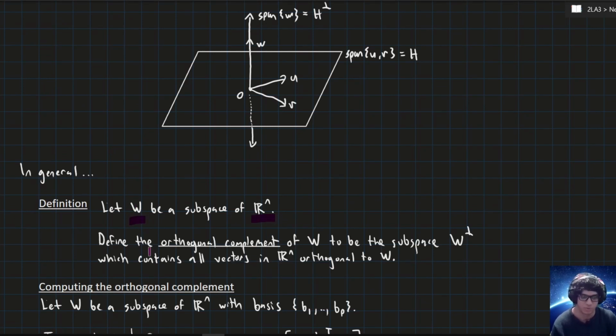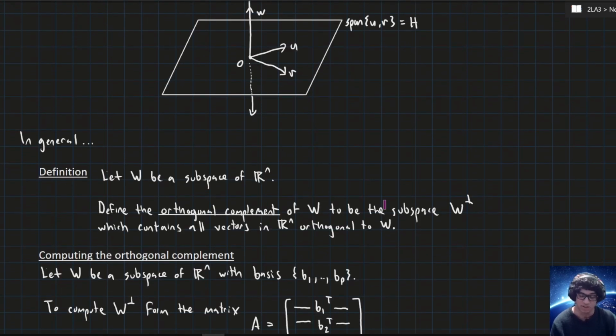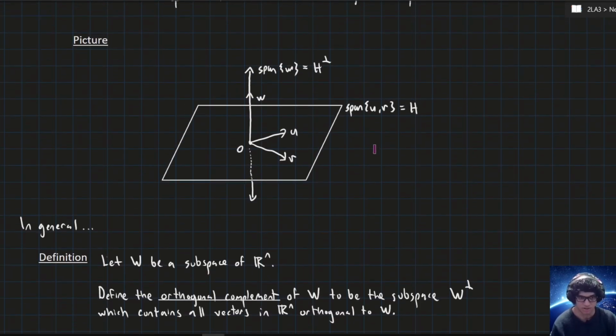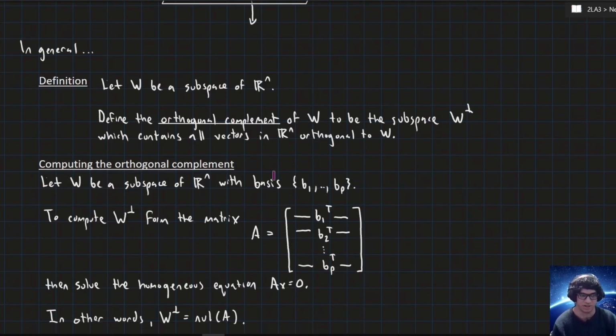We're going to define the orthogonal complement of W to be the subspace W perpendicular, or W perp, to contain all the vectors in Rn which are orthogonal to W. Okay, that's the definition of the orthogonal complement. Okay, so the way to compute it in general is the same way we computed it for this example up here.